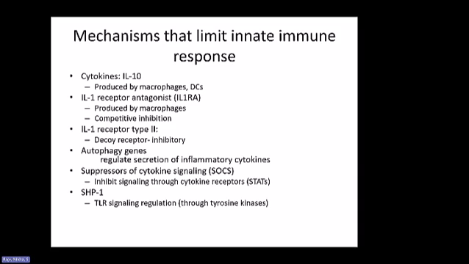SOCS stands for suppressors of cytokine signaling. They inhibit the signaling through cytokine receptors or through the STATs. So in the JAK-STAT pathway, SOCS are antagonizing that pathway. And then SHP1 helps in TLR signaling regulation.